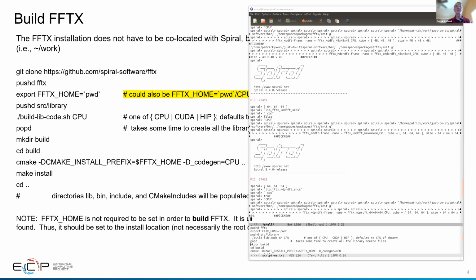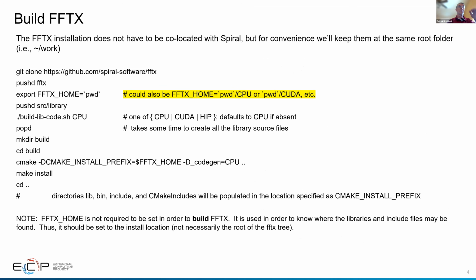Let me just go back to the slides for a minute and we'll talk about it. FFTX home really ultimately wants to point to where you install the libraries, the header files, the makefile utilities, etc., that we will be installing as part of the release.